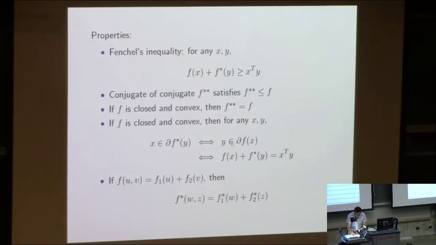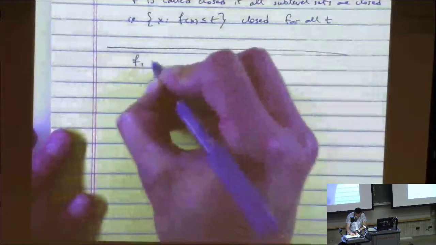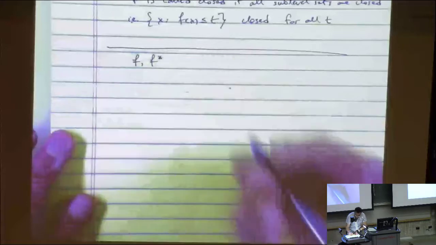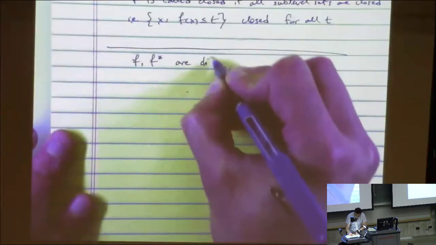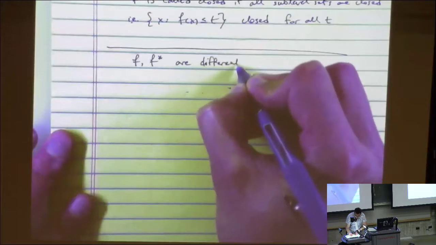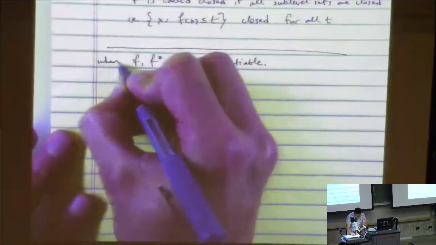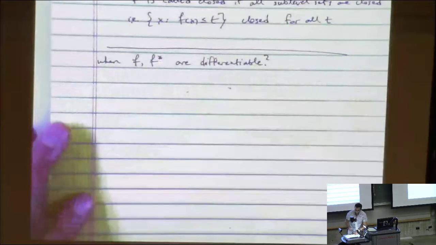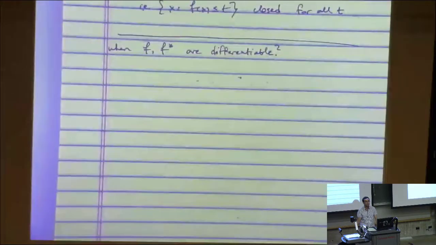Let's push on this rule a tiny bit more before we move on. What happens if both f and f star are differentiable? Remember, I'm assuming that f is convex and f star is always convex.